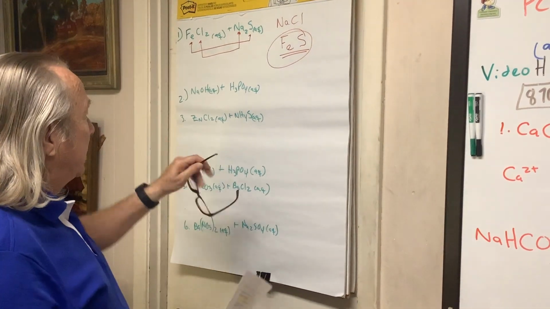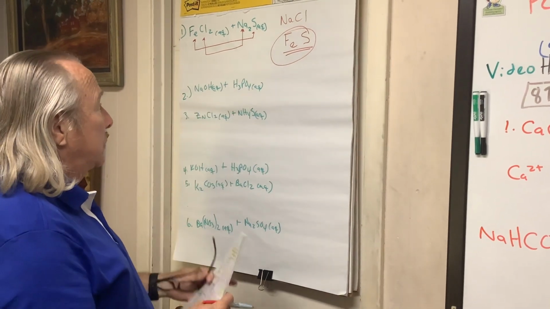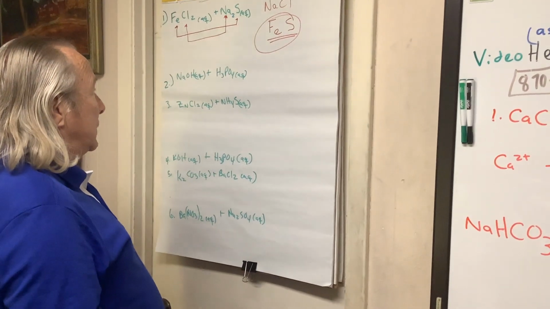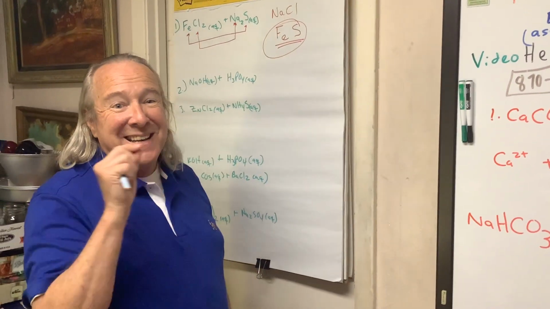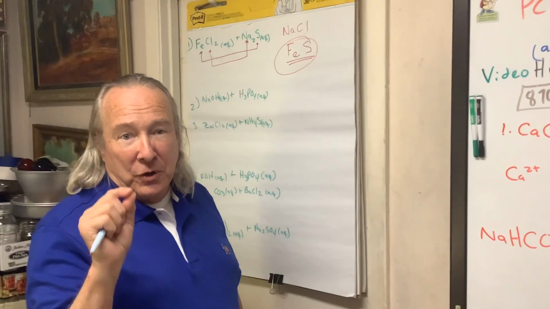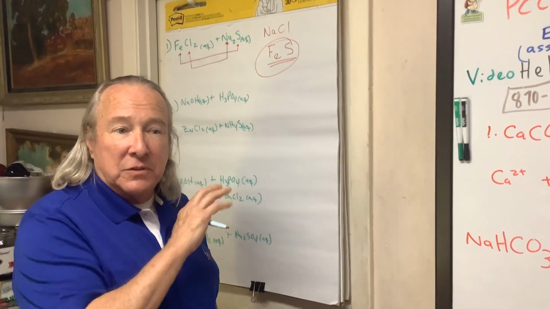For the second one, it's sodium hydroxide plus phosphoric acid. This is an acid neutralization reaction, which we're going to talk about in the next assignment. But this is still a double replacement.